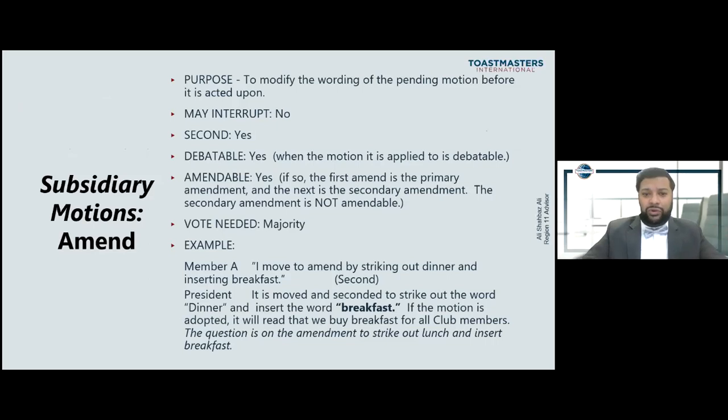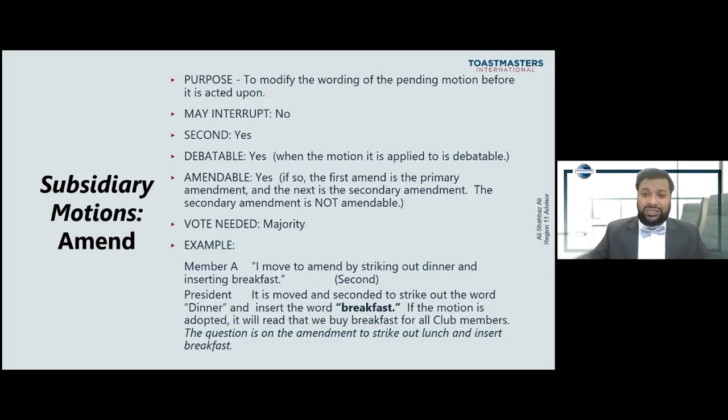I'll quickly give you the next motion which we will discuss in detail, which is amend. Amend is a very common motion done in most of the meetings that I have witnessed. The purpose of amend is to modify the wording of the pending motion before it is acted upon. You can strike off words in a main motion, you can add a few words before or after in the main motion, and that's called amend.